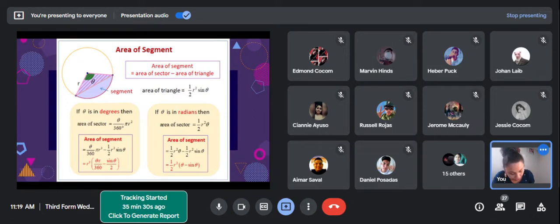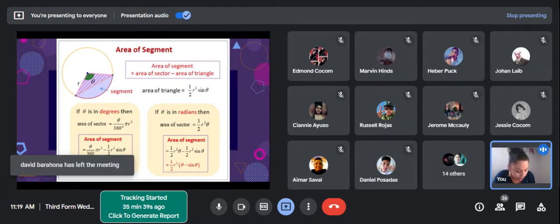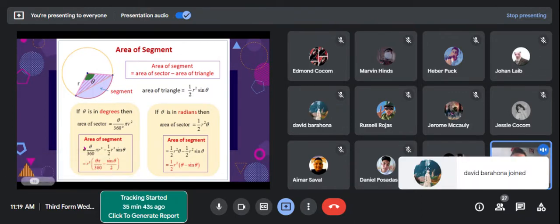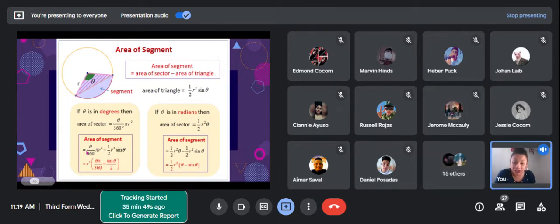So the formula is area is equal to theta over 360 pi r squared. If we take a look at this first little part, what formula is this? Area of a sector. Very good.